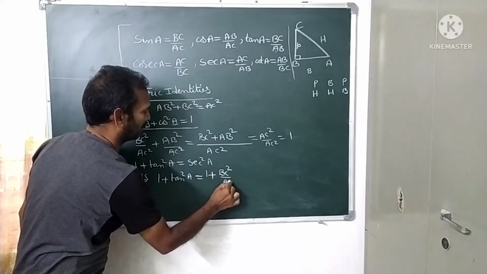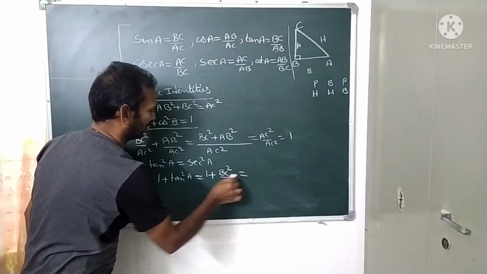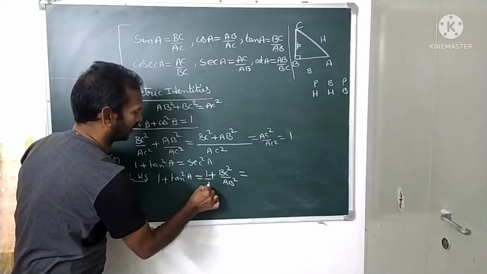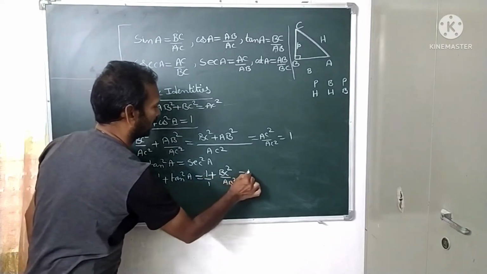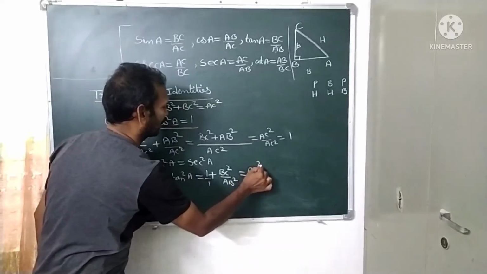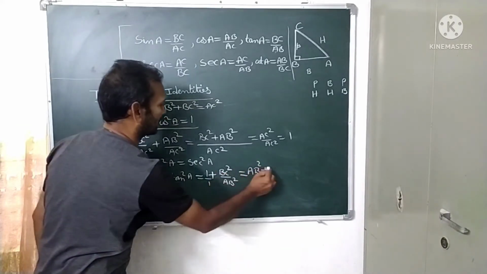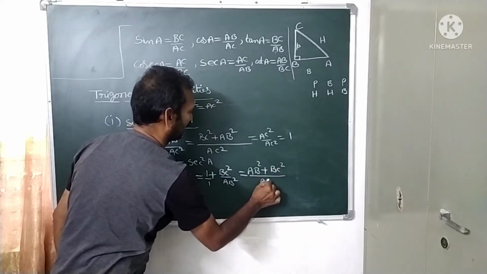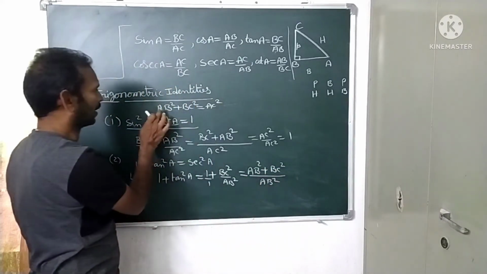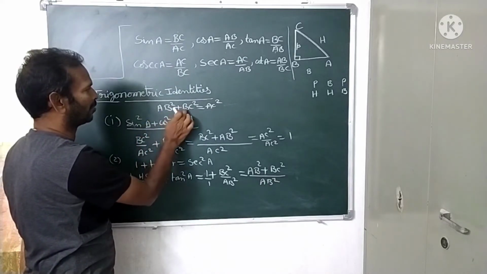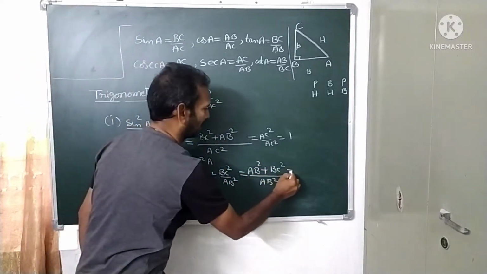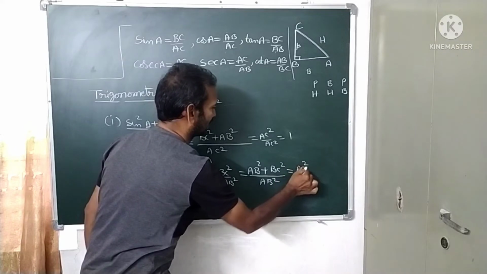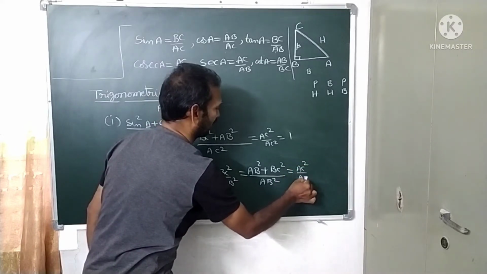Take 1 into AB square plus 1 into BC square by AB square. Again, AB square plus BC square is how much? AC square. That is equal to AC square by AB square.